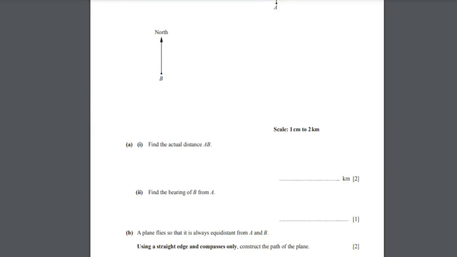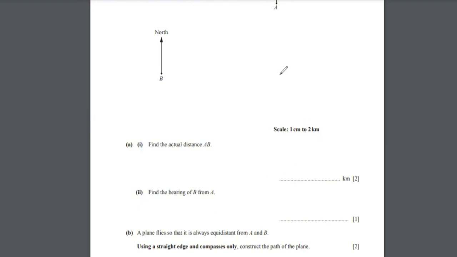Now over here, you need to understand this question. A plane is flying so that it is always equidistant from A and B. So at any time during the journey, the plane has equal distance from both points A and B. So how will you do that?